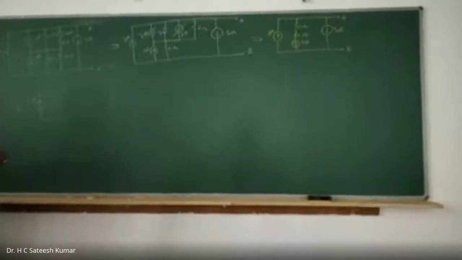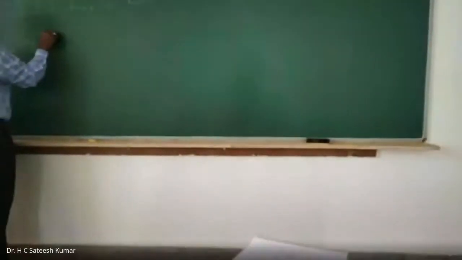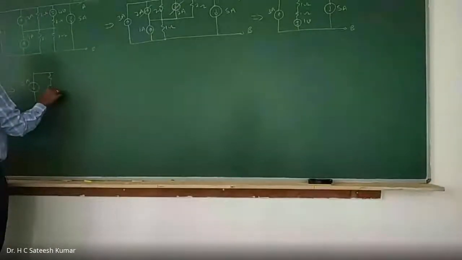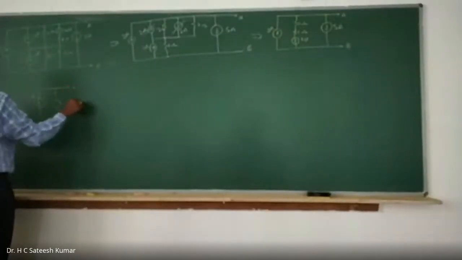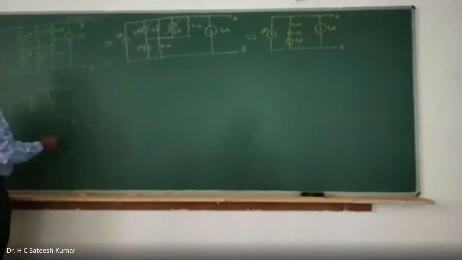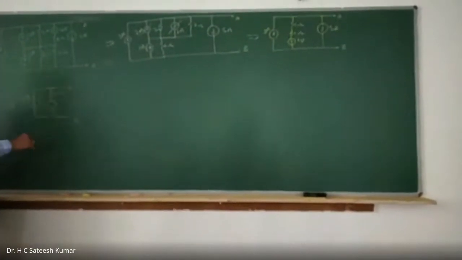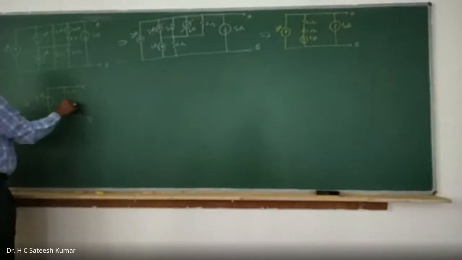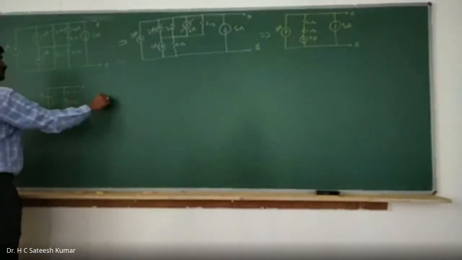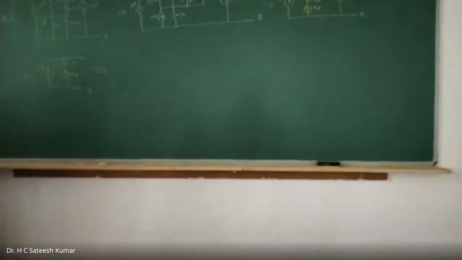And we have a voltage source in series with a resistance. A, B, 2 ohm, and this is 1 volt plus minus. Okay, right. So now what do we have?